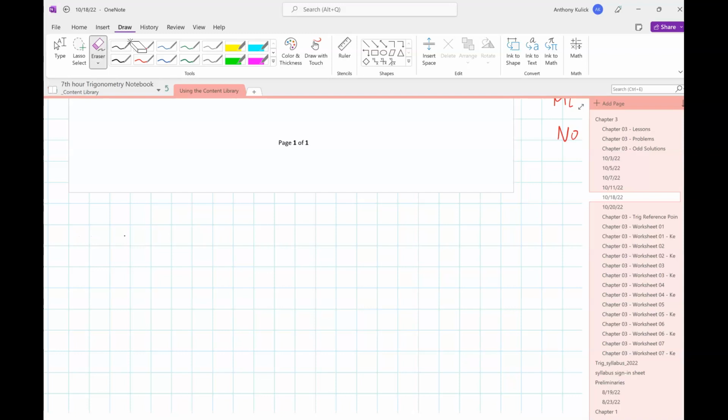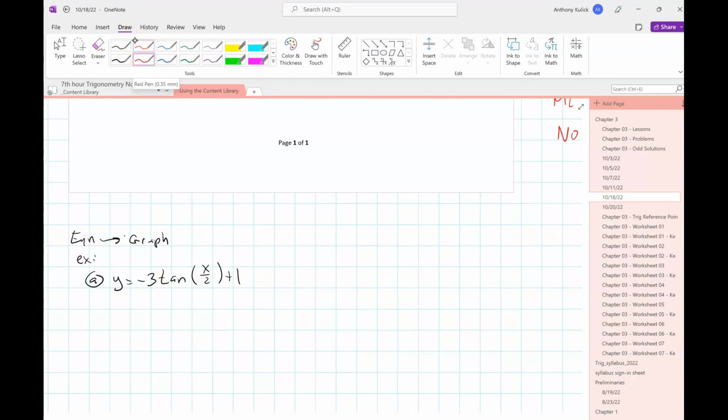Okay, so let's say we want to graph y equals -3 times tangent of x over 2 plus 1.